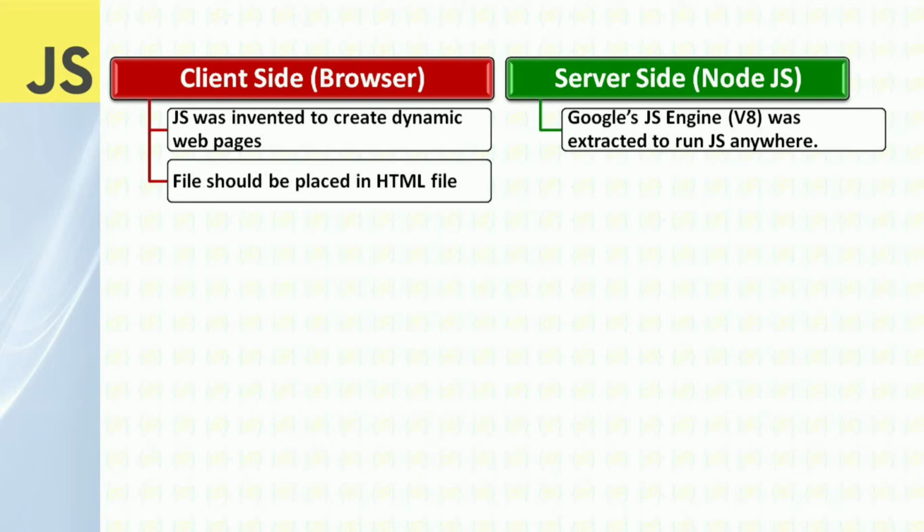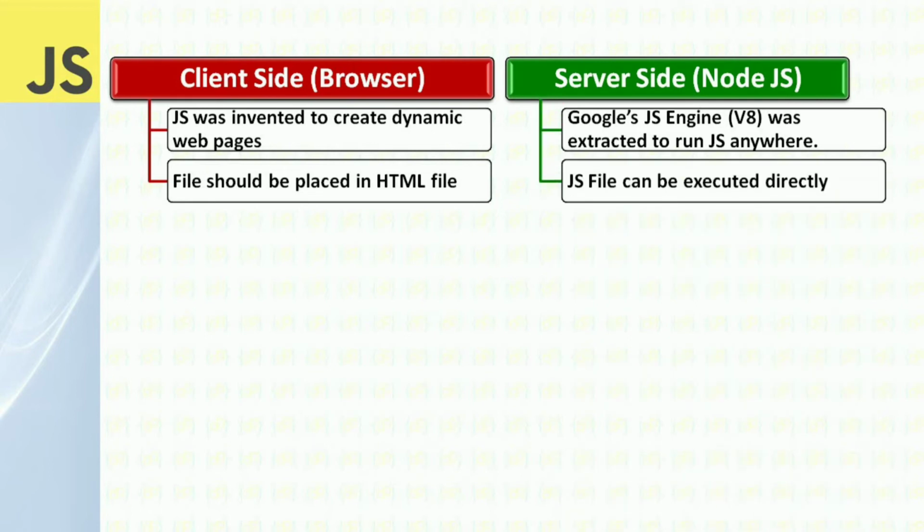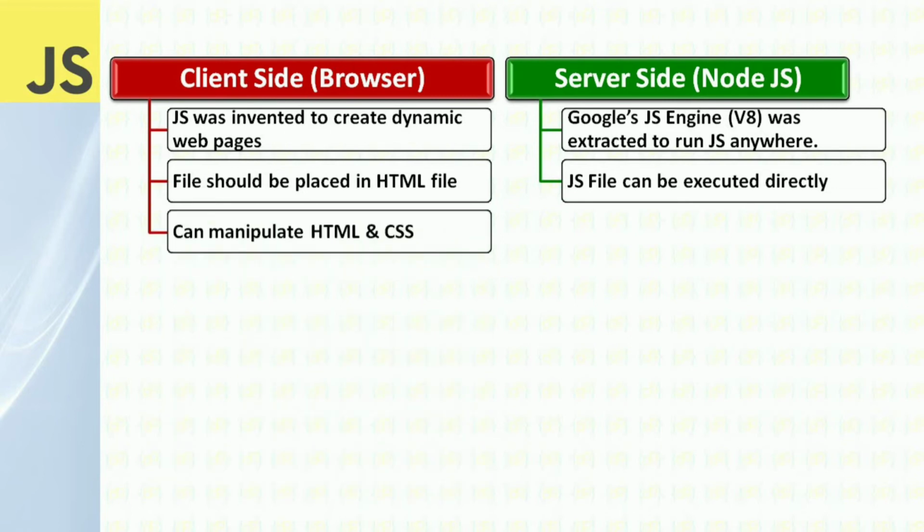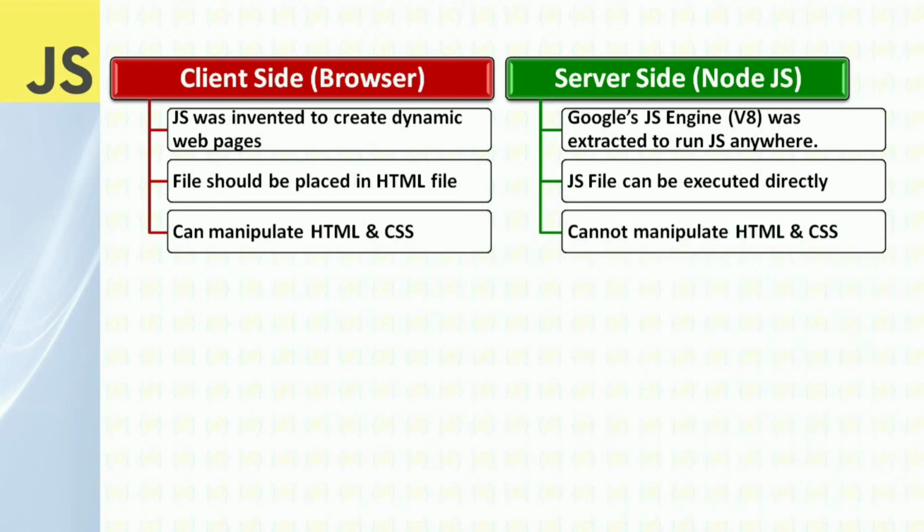In server-side scripting, the JavaScript file can be directly run with Node.js. In client-side scripting, JavaScript is running within the browser, so it can manipulate the HTML and CSS of the web page. In server-side scripting, JavaScript runs outside of the browser, so it cannot access HTML and CSS.